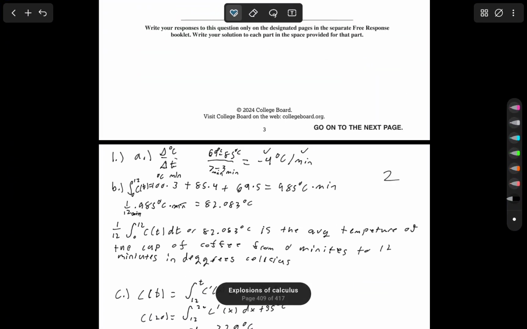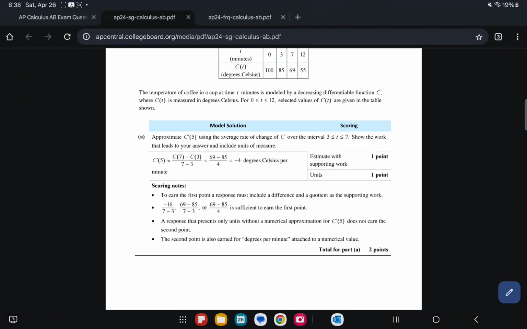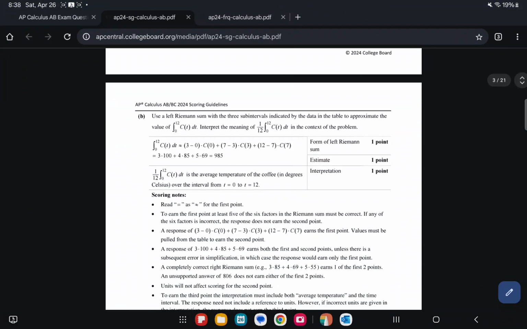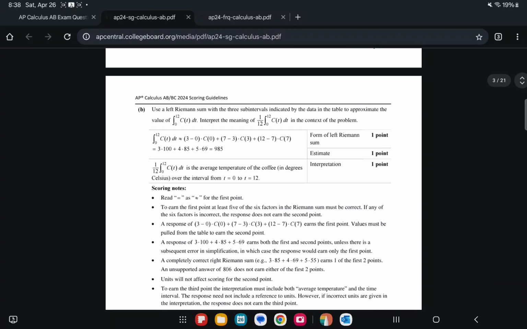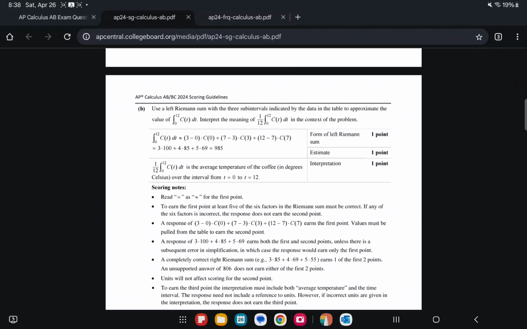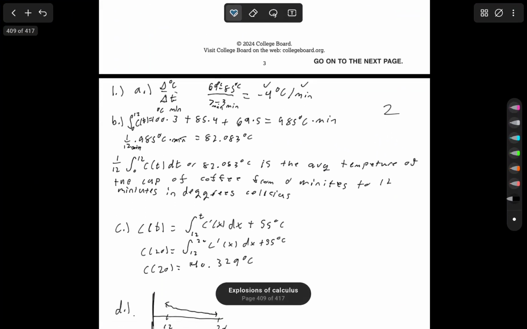Now, looking at B, we can see the integral. Okay, so we've got the integral set up.